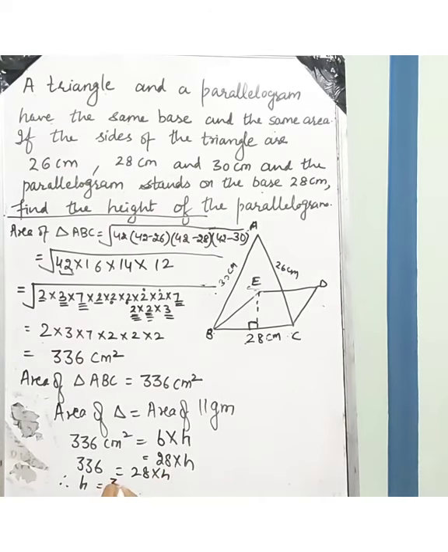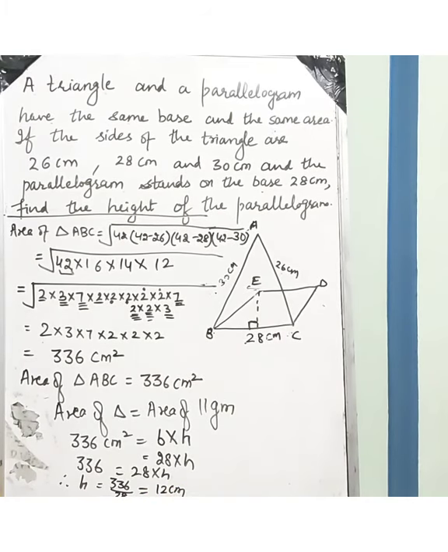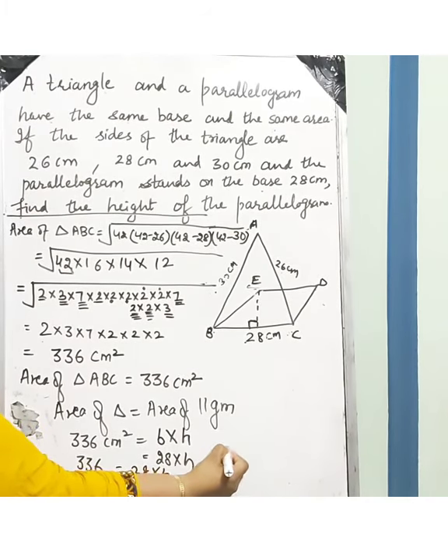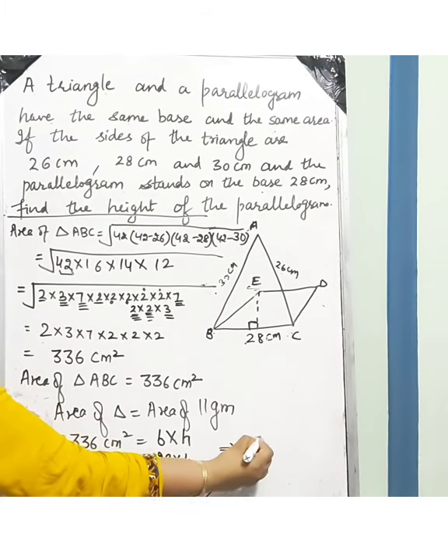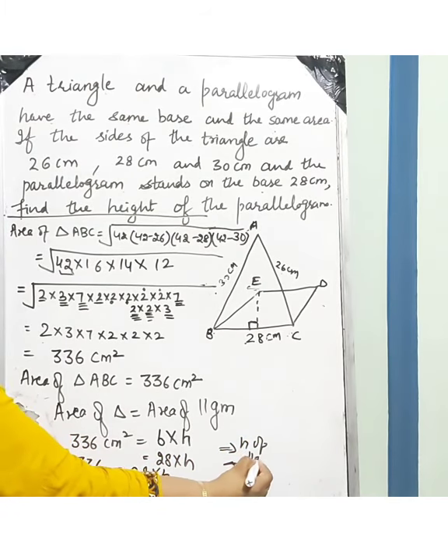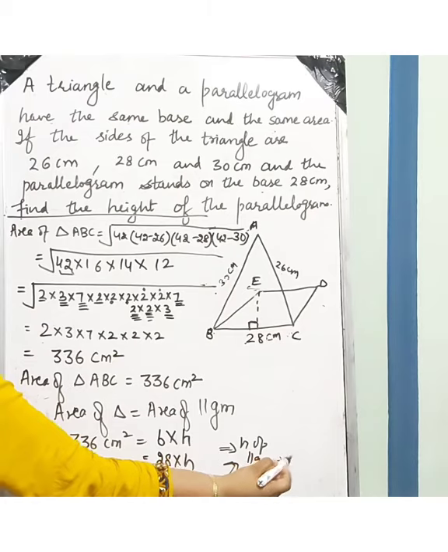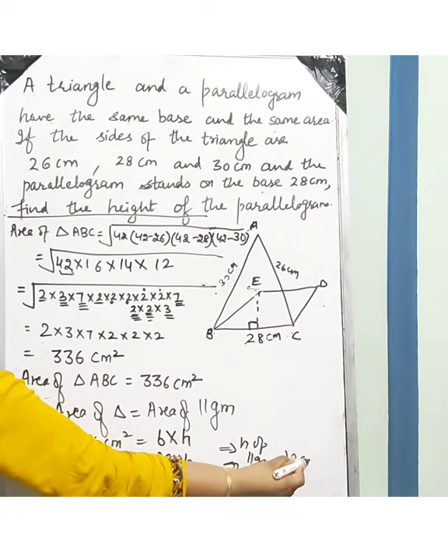Height is equal to 336 by 28. Height will be equal to 12 centimeter. This implies the height of the parallelogram is equal to 12 centimeter.